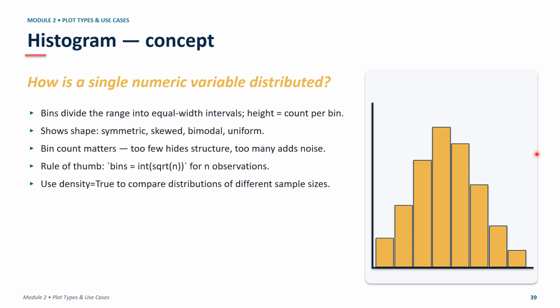The distribution shapes that you can encounter: if it is symmetric, then you will have a bell-shaped curve, very similar to a normal distribution curve. If it is right skewed, then most of the values are low with a long tail going to the right. For example, income distribution: most people earn an average amount and a few earn in millions, so it is right skewed.